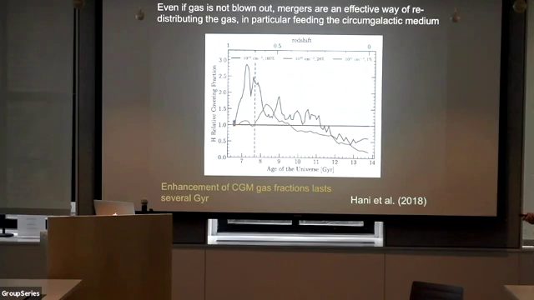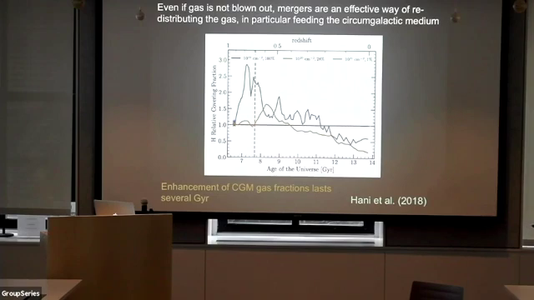And what he found was that when the merger occurs, so again we have time here, the merger occurs here, you get these high covering fractions of hydrogen in the CGM because of the gas being pushed out to these large radii, and that enhancement in the covering fraction can persist for a number of gigayears. So it's quite a long-lived effect.